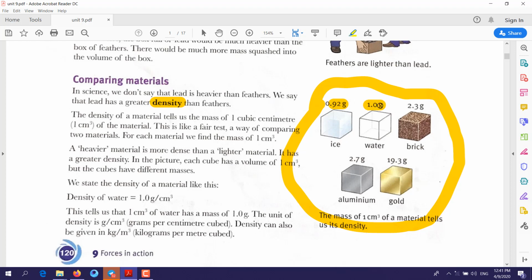The amount of this mass in this volume gives us the density of water, and the same thing for the others. Here we can compare among these materials by their density. We will say, for example, this one has greater density than ice.